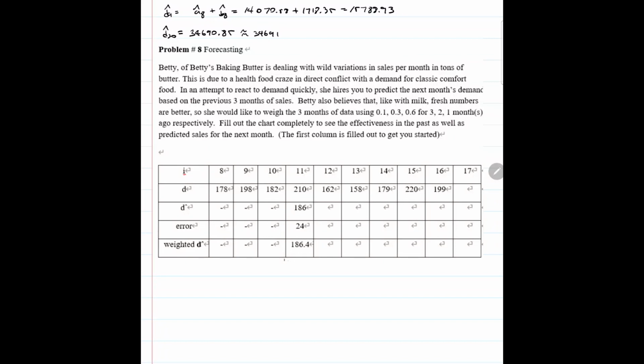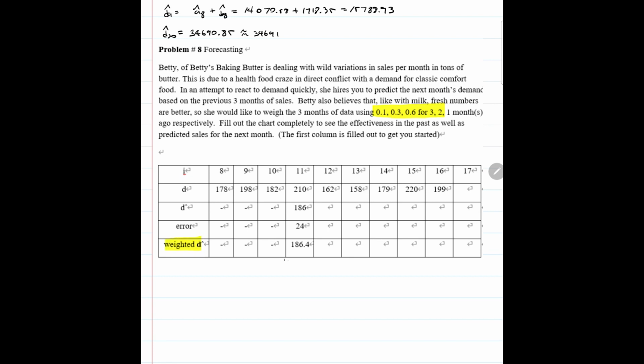Okay, so this time we're gonna go over the problem number 8. So we need to fill out this chart, and the problem says we're gonna use 3 months moving average, and we need to use this for the weighted value.